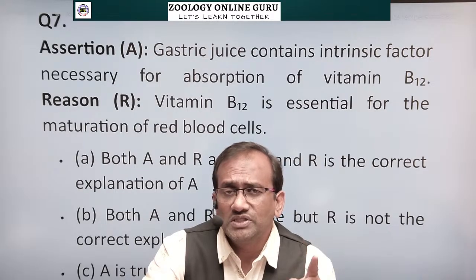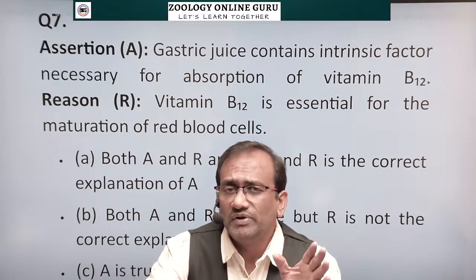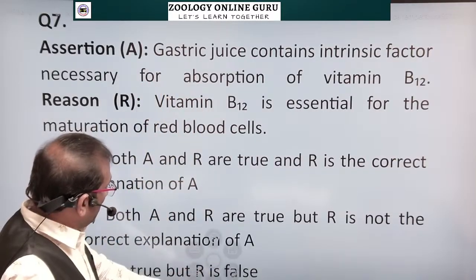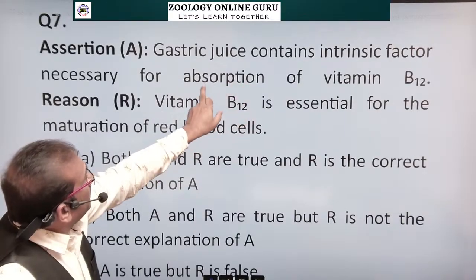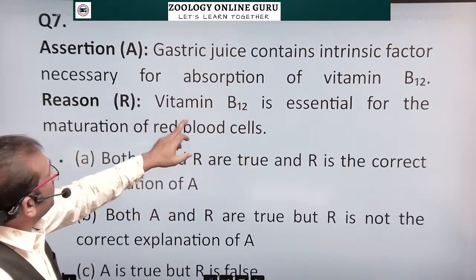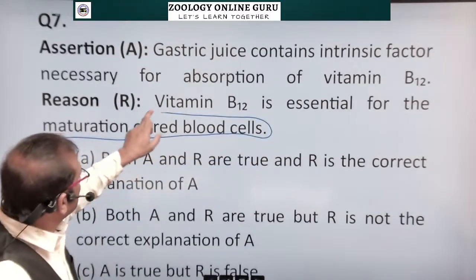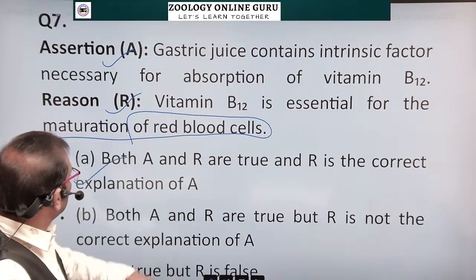So for the maturation of red blood cells, we need vitamin B12. So this is the correct answer. A is correct. Exactly correct. So both A and R are correct, and R also explains A.